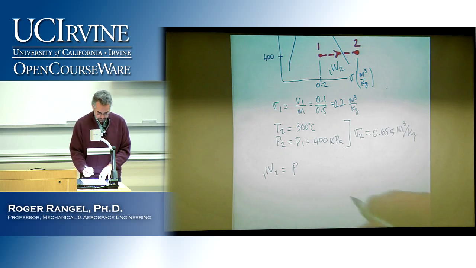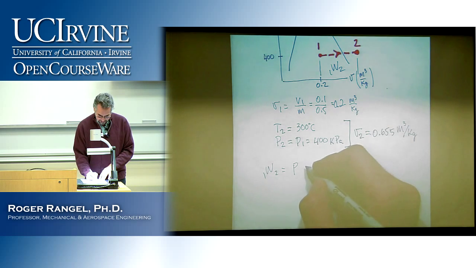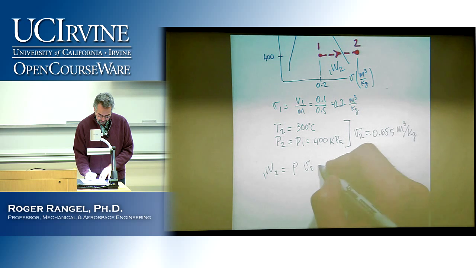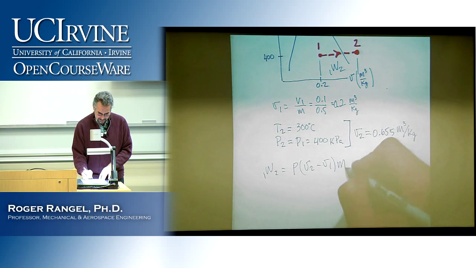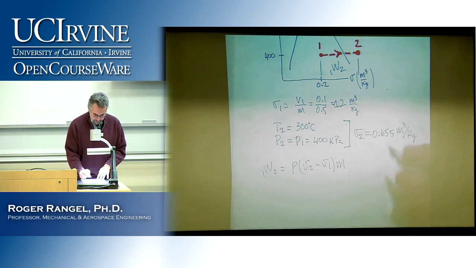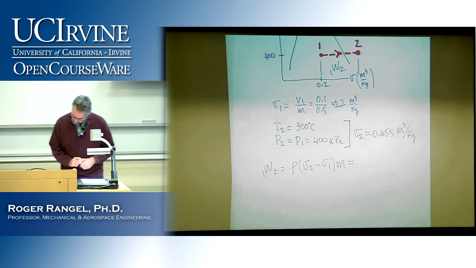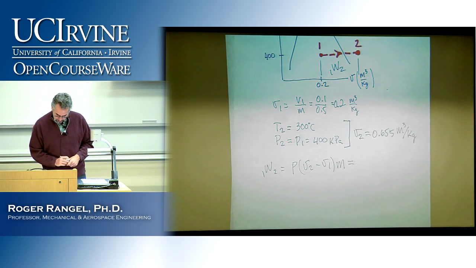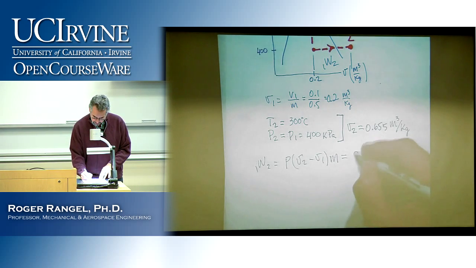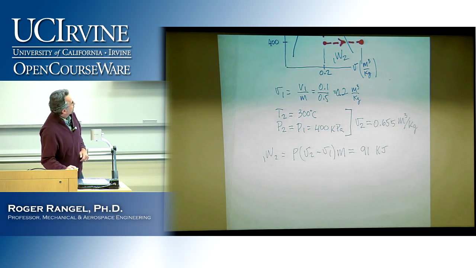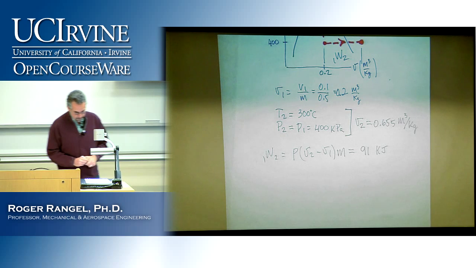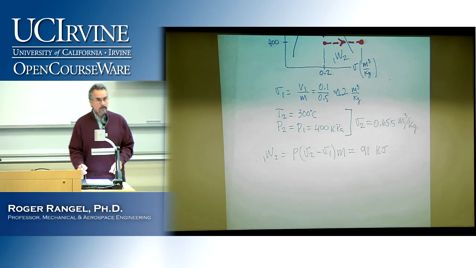P1 or P2, it doesn't matter what you write, is the same. And then of course V2 minus V1, that's per unit mass, so I will need the mass which was given. So I have everything here. And this number, if you work it out, should come out to be 91 kilojoules, if you plug in all the numbers. So that answers the first question.